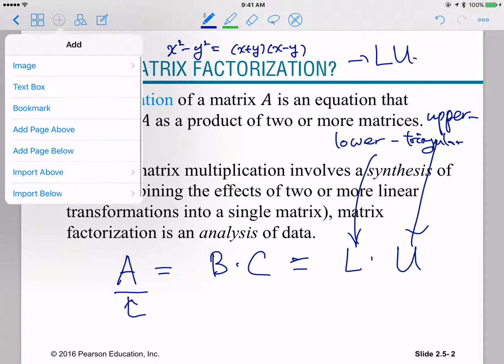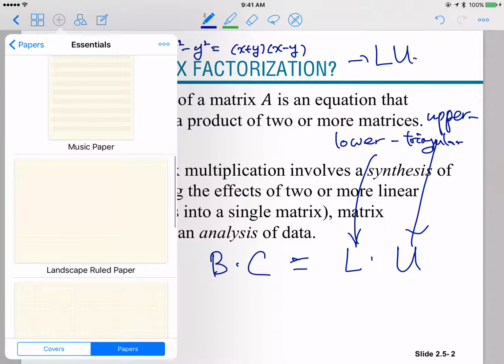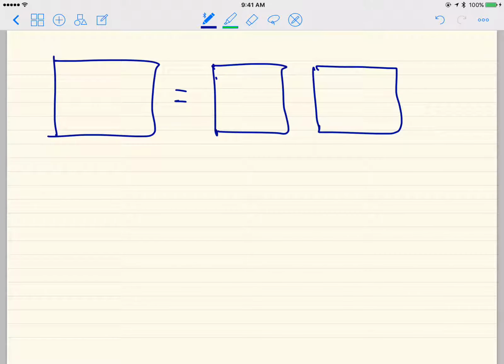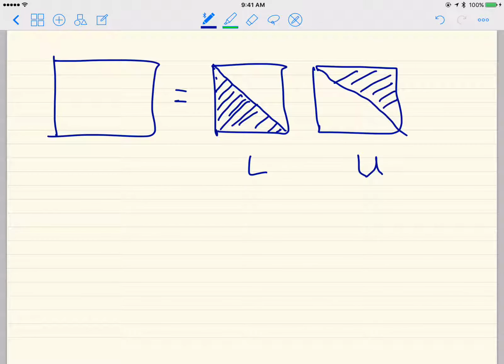So we are given a particular matrix, and we represent it as the product of these two matrices, an L and a U. By lower triangular matrix I mean that the only non-zero entries are in the lower triangular part of your matrix, and upper triangular means you will see the non-zero entries only on the upper right part.